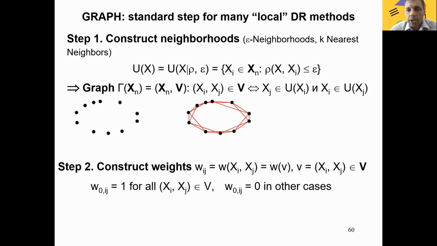But we can also assign not only 0, 1 weights, but use weights proportional to the value of the distance between points. In particular, we can use weights equal to the exponent of minus the distance between points. So this is the graph representing local neighborhoods between points. It contains information about the local structure of the manifold.